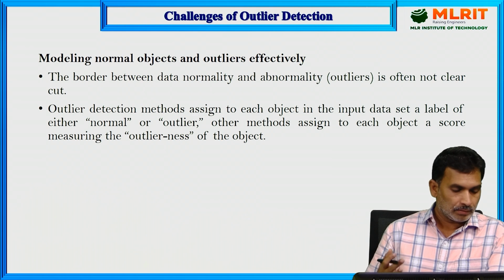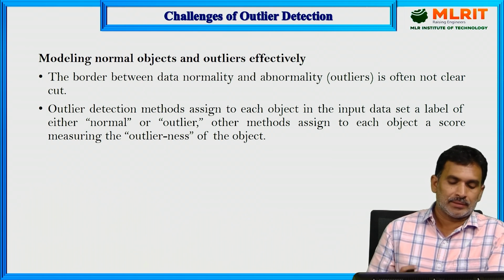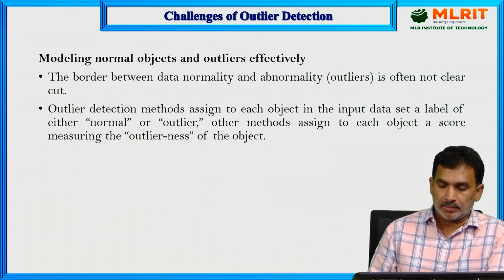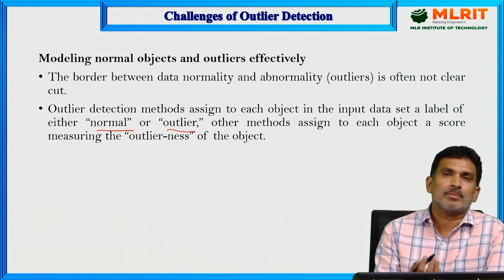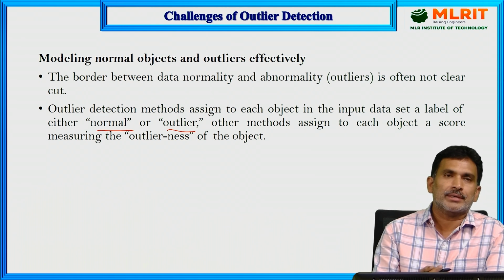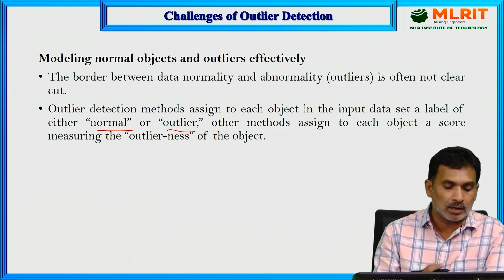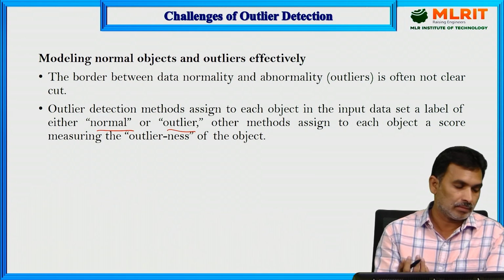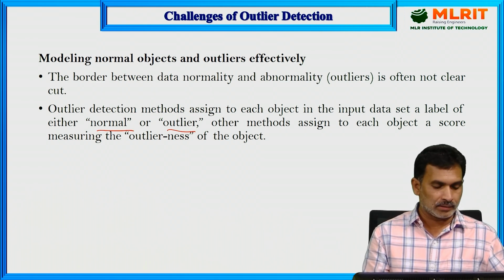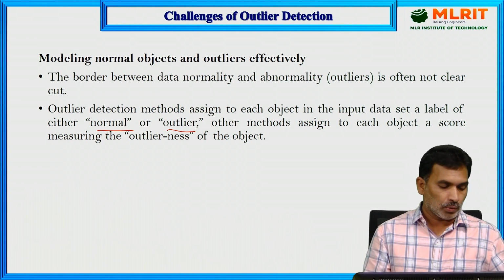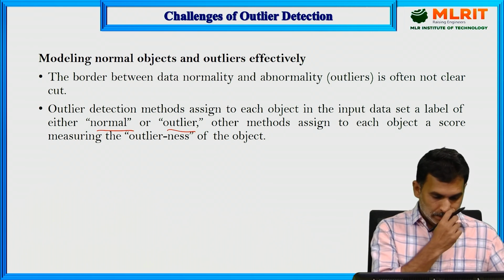Outlier detection methods assign to each object in the input dataset a label of either normal or outlier, and some other methods assign each object a score that measures the outlierness of the object. So a few methods give labels and a few methods give a score measuring the outlierness of the objects.